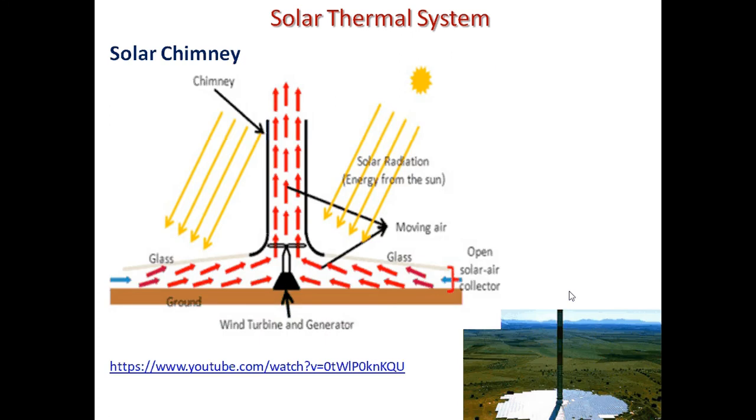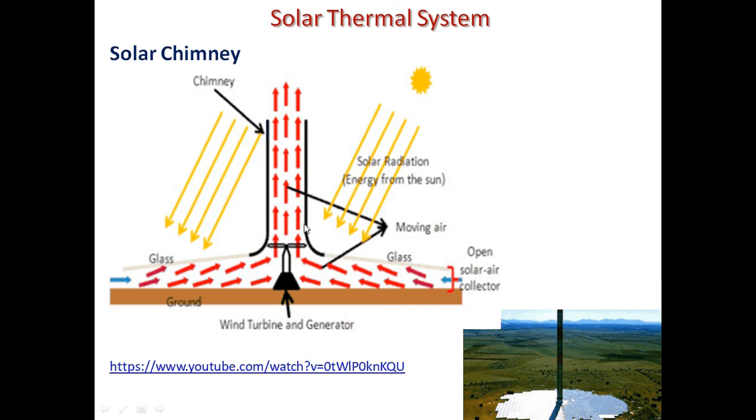So the third device that I wanted to show is based on the solar chimney. This is a kind of conversion from solar thermal to wind, and from wind you move your turbines to produce electricity.